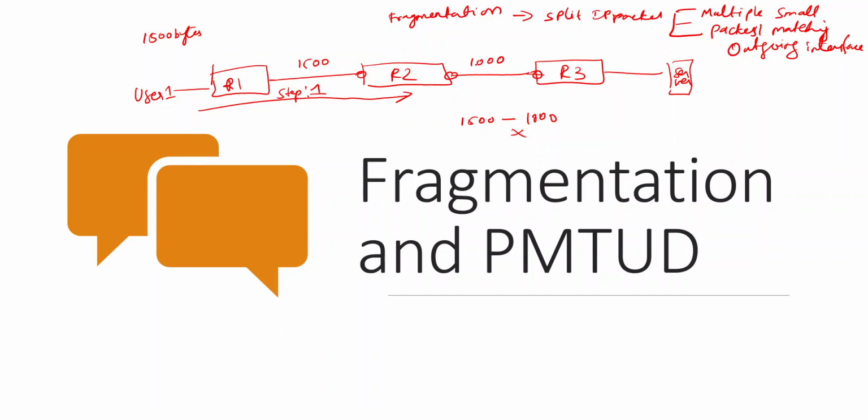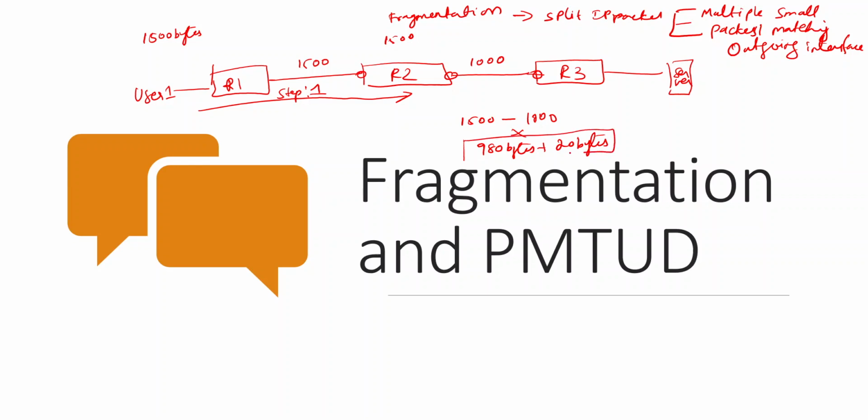Now I have a 1000-byte link and a 1500-byte packet. In this case I can only send 1000, and actually you cannot send 1000 either, because you can only send 980 bytes plus the 20-byte IP header.